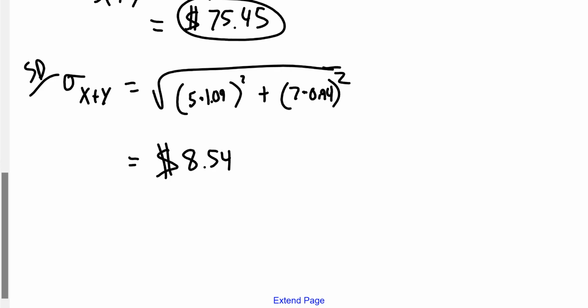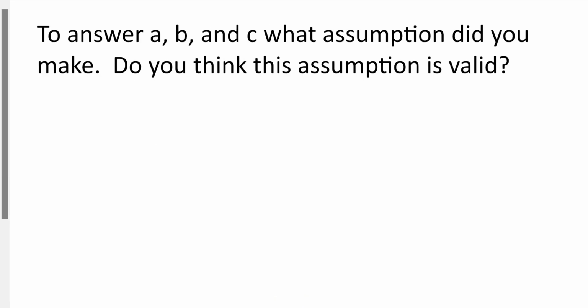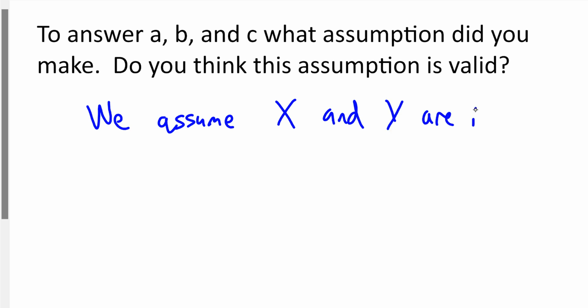Now, all of this is possible because of what we learned, and one big assumption. What assumption is this? And I mentioned it a couple times, but it is really important to note. We are assuming that x and y are independent. I'm assuming that they're things like being across the country, they're not impacted.